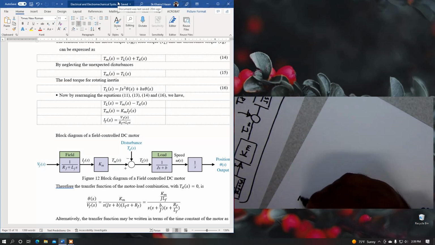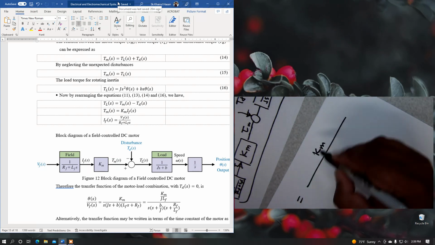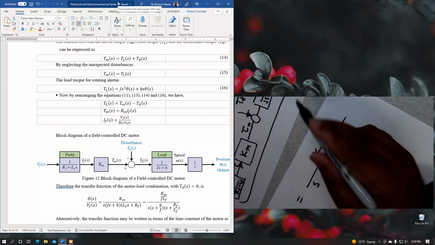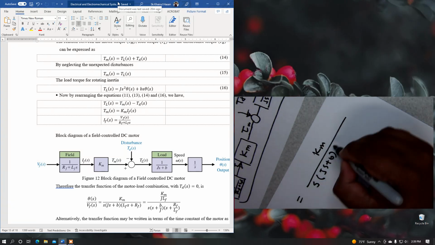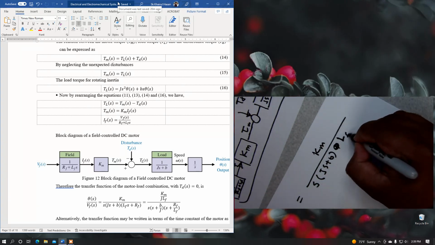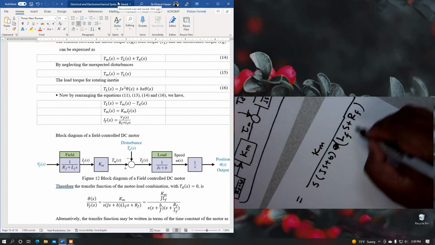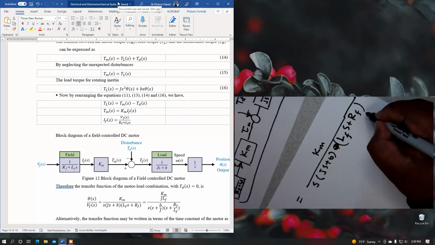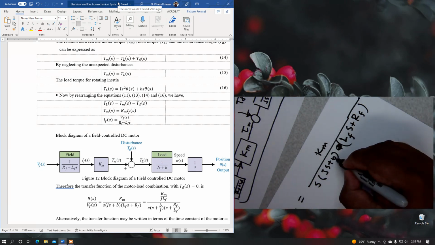If you multiply them, you get Km in the numerator, and s multiplied by Js plus b, multiplied by LF s plus RF, which are the inductance and resistance of the field. Here is the load inertia and bearing friction.